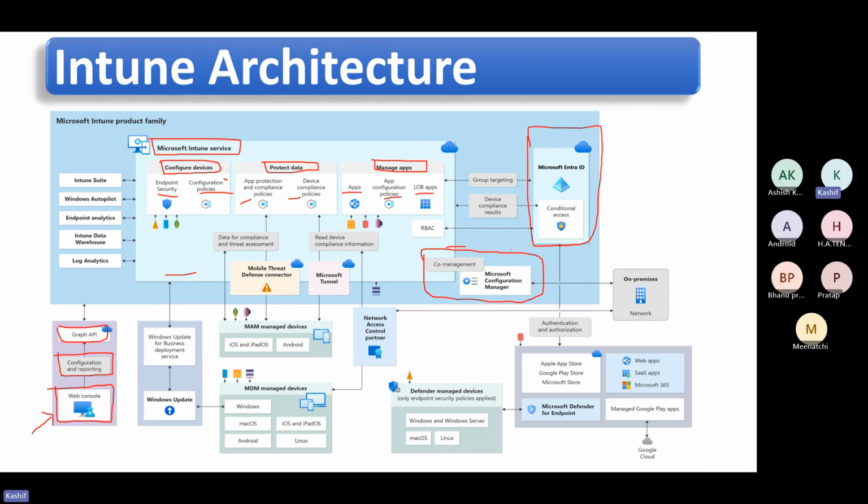Then it has integration with various other technologies like Apple App Store, Google Play Store, Microsoft Store. Whatever applications you see in these stores, you can integrate them into Intune. Then it has integration with Microsoft Defender for Endpoint. And it's a SaaS product.